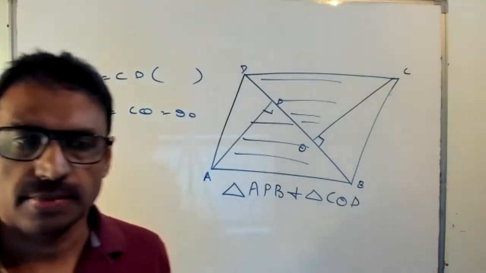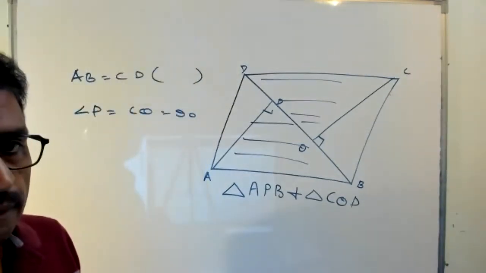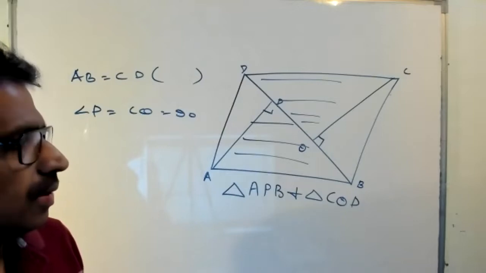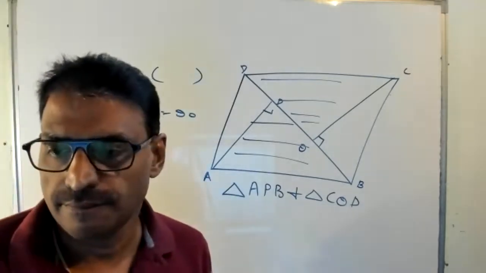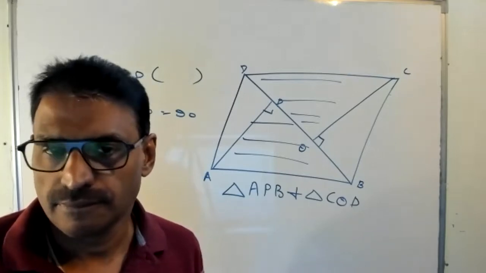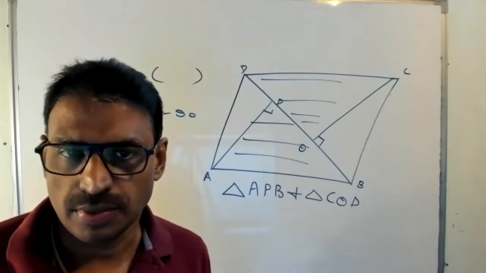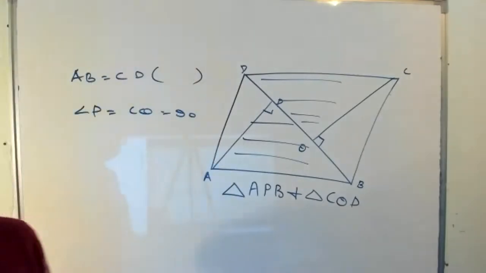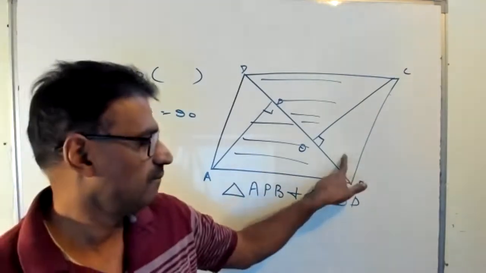Sir, AD is equal to BC. Can I say? Sir, angle D is equal to angle B, alternate interior angle. Angle B, that means this one?